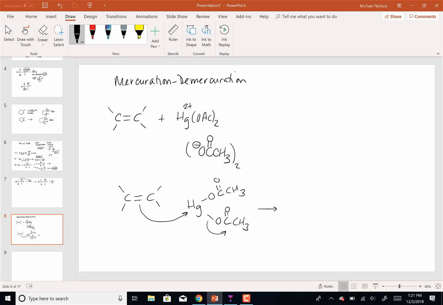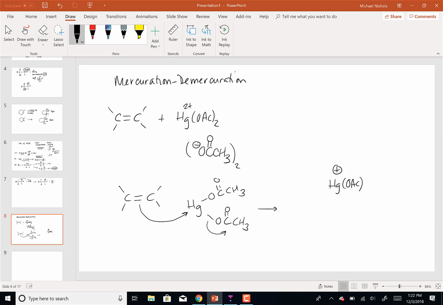And that's going to basically leave me with an Hg acetate, which overall has a positive 1 charge, because I've lost one of the negative charges against mercury's 2+. So this whole thing is a +1 charge, just like the bromine was a +1 charge in bromonium ions.